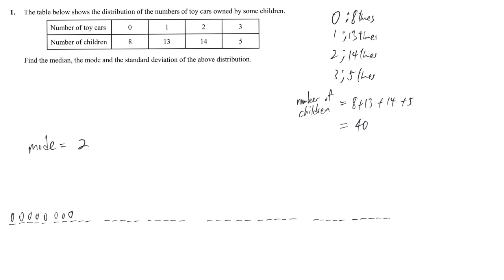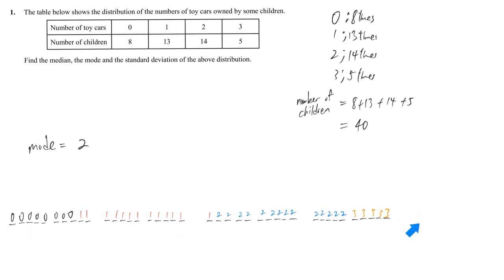Then 1 appears 13 times. 2 appears 14 times. And finally, 3 appears 5 times.